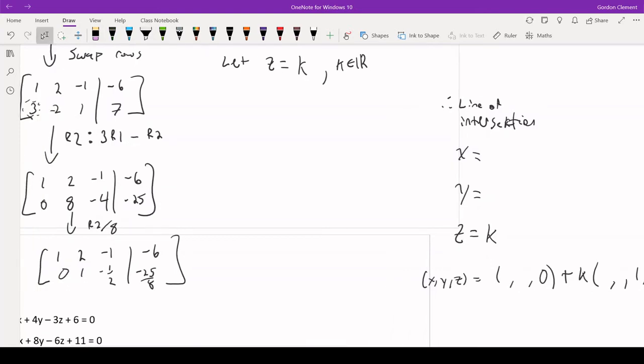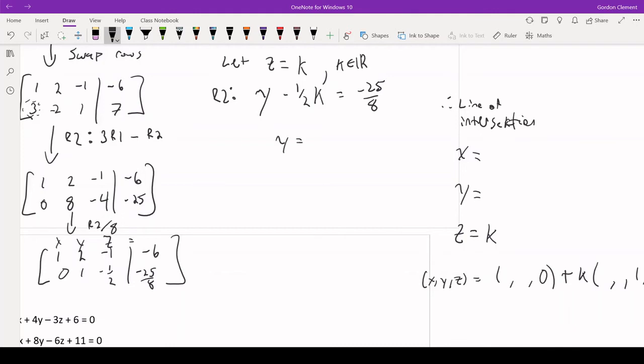Now with that, row 2 becomes, so remember this was x, this was y, this was z, this was an equal sign. That's how we changed it into a matrix. Row 2 now becomes no x's, 1y, minus 1/2 times z, which we just turned into just plain old k for our equation, equals -25 over 8.